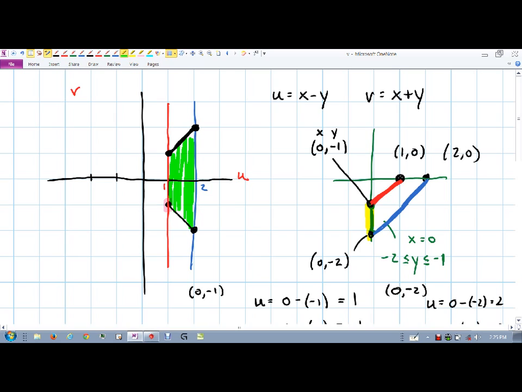Well, everything's in terms of v and u now, right? So what's the equation of this piece right here? V equals u, right? What's the equation of this one? V equals negative u, right?